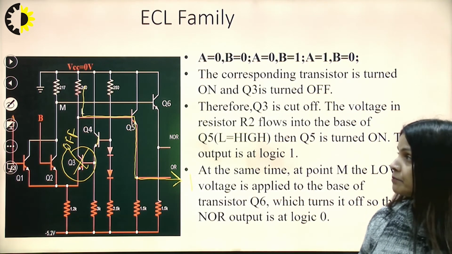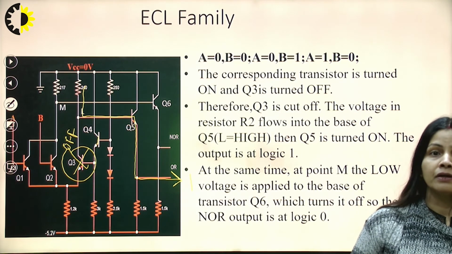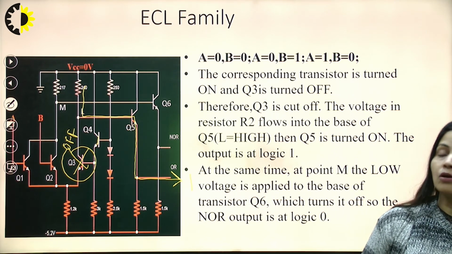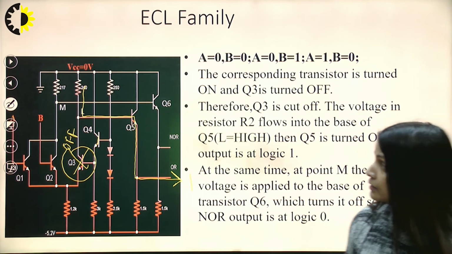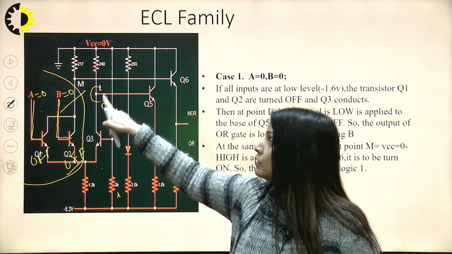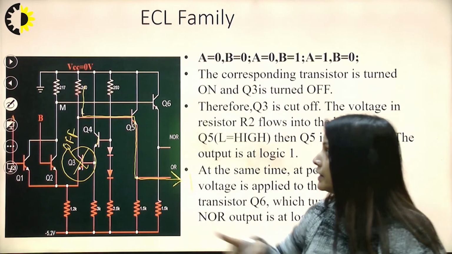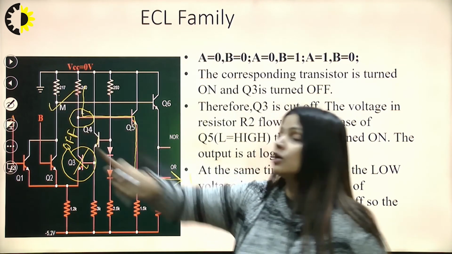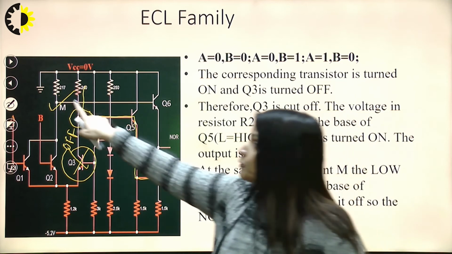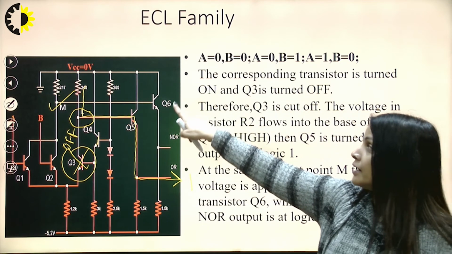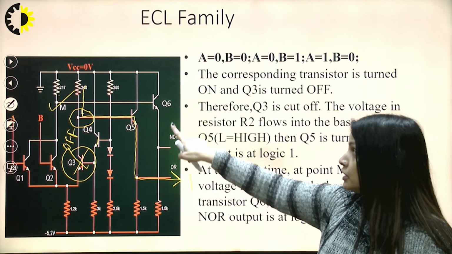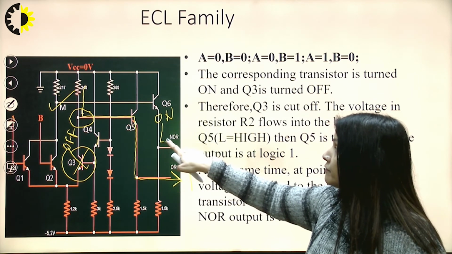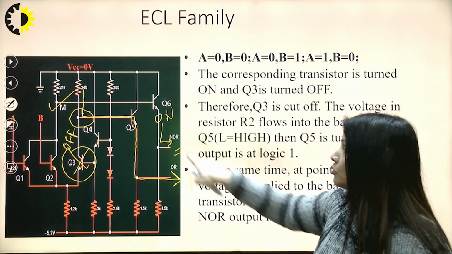Similarly, at the same point, the voltage applied at the M point will be low, because in the earlier case the L point was at low potential and here the L point is at high potential and the M point is at low potential. If the M point is at low potential, that will make Q6 turn on, and this will give the output as 1.